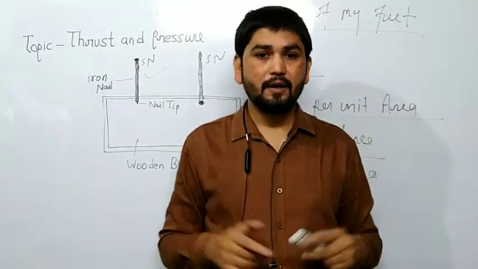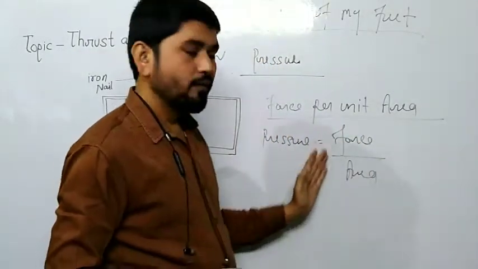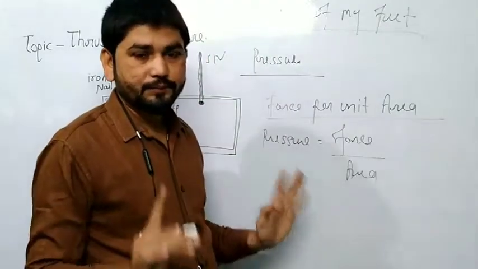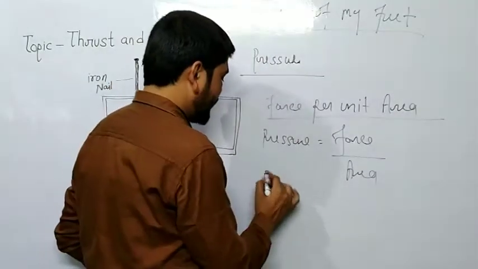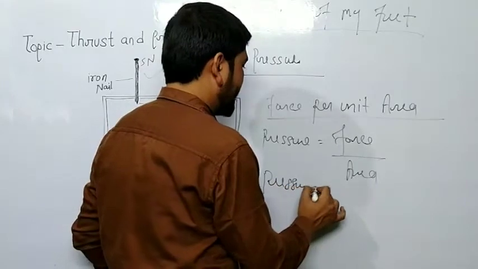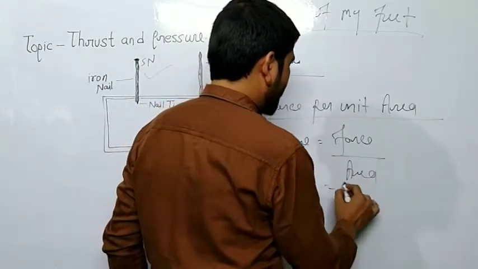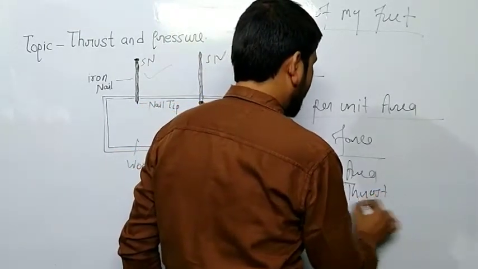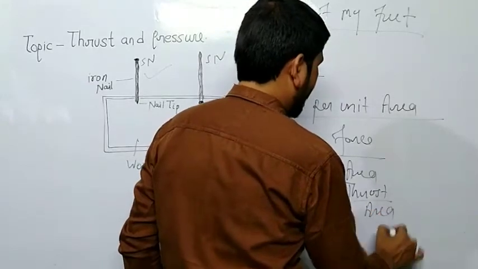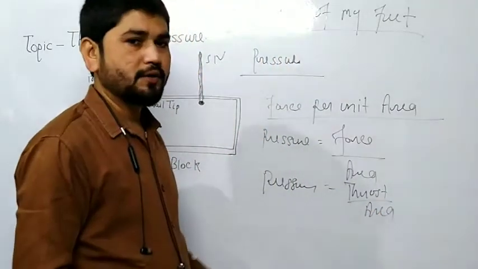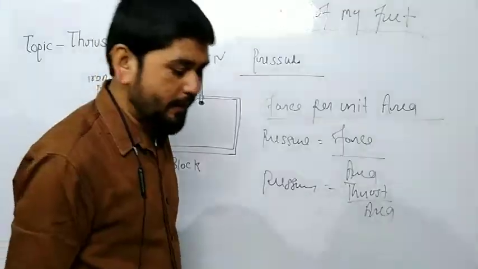Clear everyone? So pressure is equal to force upon area. It is also written as pressure is equal to thrust upon area. So what is the unit of pressure?